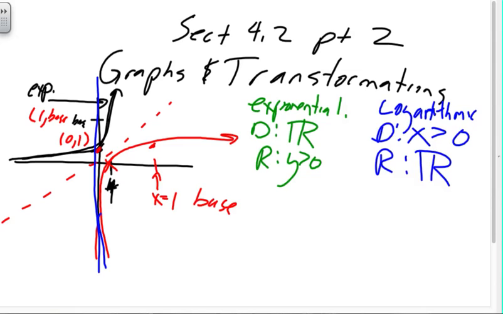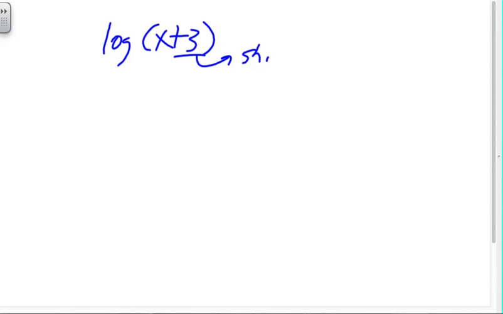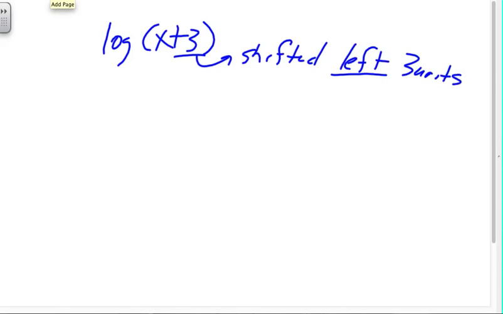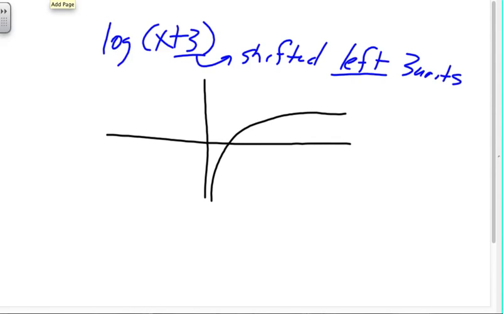Okay, let's find domain and range of a function. So let's find domain and range of log of x plus 3. What this means is this thing has been shifted left 3 units. So let's graph our parent function for a log, which is going to look like this.